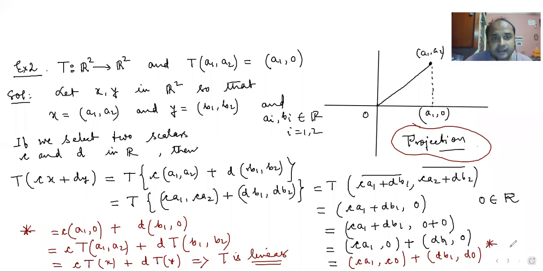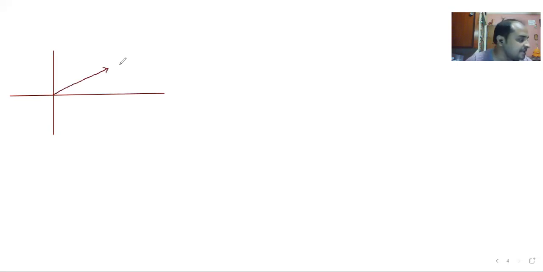I am leaving it for you to solve by yourself. I am showing you the diagram. If you consider this diagram, suppose I'm considering this vector, which I name a1 comma a2, and this vector is making an angle alpha with the positive direction of the x-axis, and I am moving this vector further in an anti-clockwise manner.